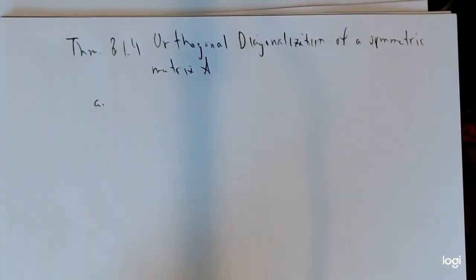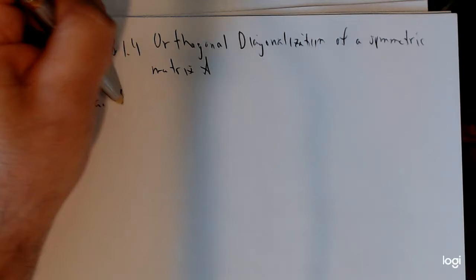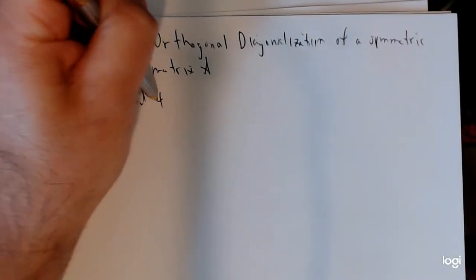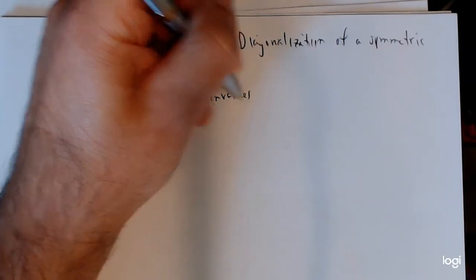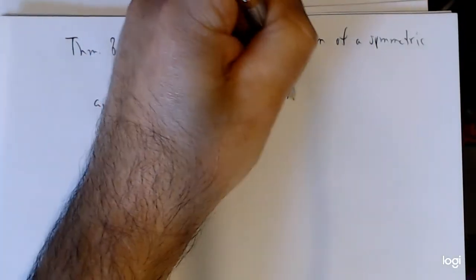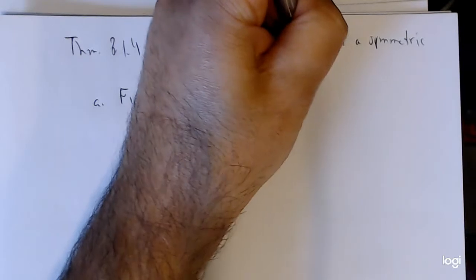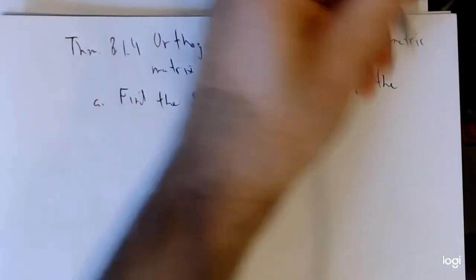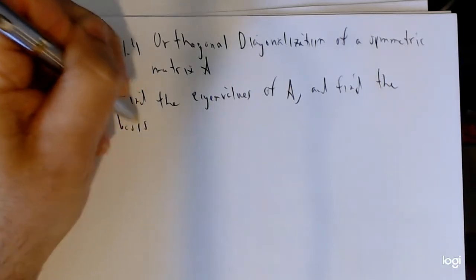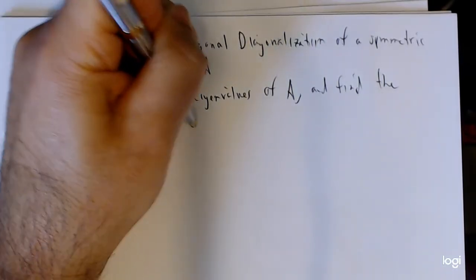If I gave you a symmetric matrix and said, orthogonally diagonalize this, what's the first thing you'd do? Well, you would find the eigenvalues of matrix A. And then once you do that, find the basis of each eigenspace.